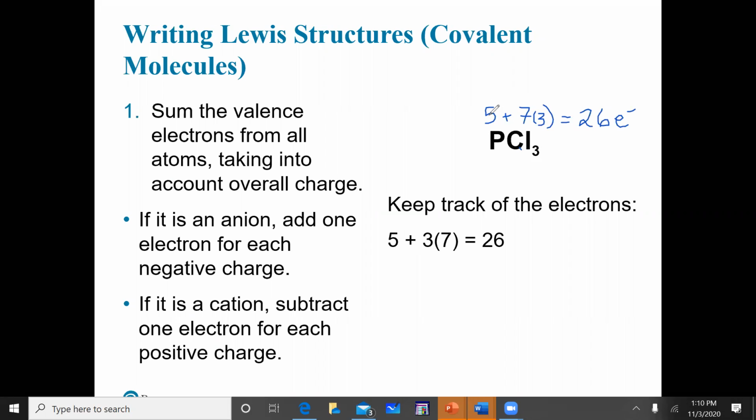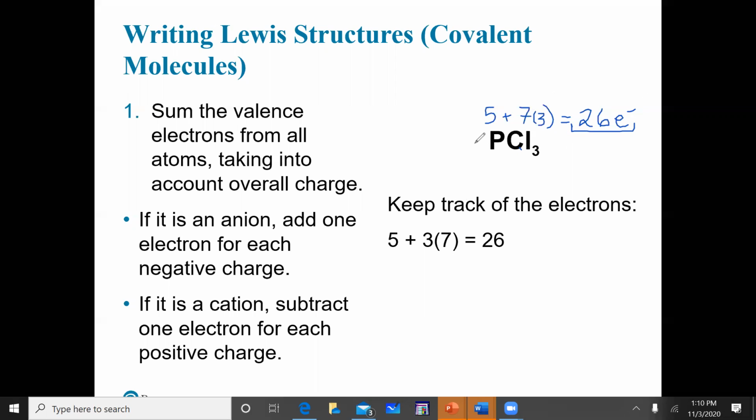Now, once the electrons have been added up, I don't care where they came from. They're all in play, so we can share them amongst the diagram. Important thing to note: phosphorus brings 5 electrons, but it wants 8 electrons. Chlorine brings 7 electrons, but it wants 8 electrons.